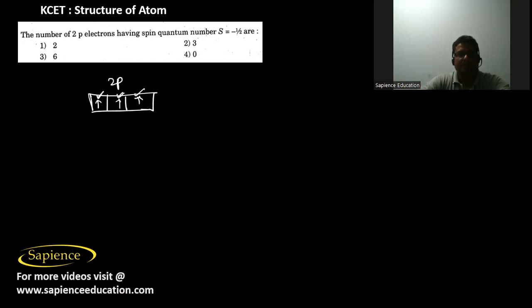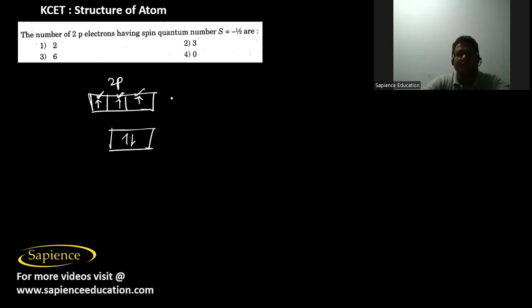Since according to Pauli's exclusion principle, no two electrons in the same orbital can have the same spin. So the rule is that two electrons in the same orbital will always have the opposite spin.